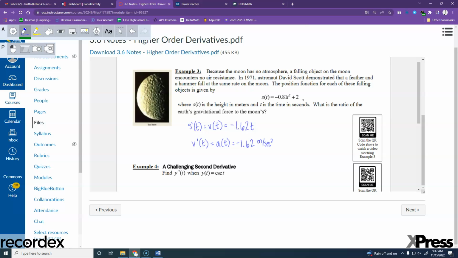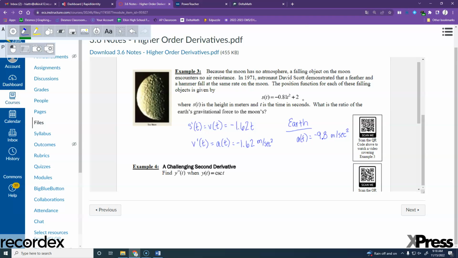So we don't want to compare this with example 2, because example 2, how are we measuring that? Feet. This one is in meters. So physics children, acceleration due to gravity on Earth is 9.8 meters per second squared. So it wants the ratio of Earth's gravitational force to the moon's.